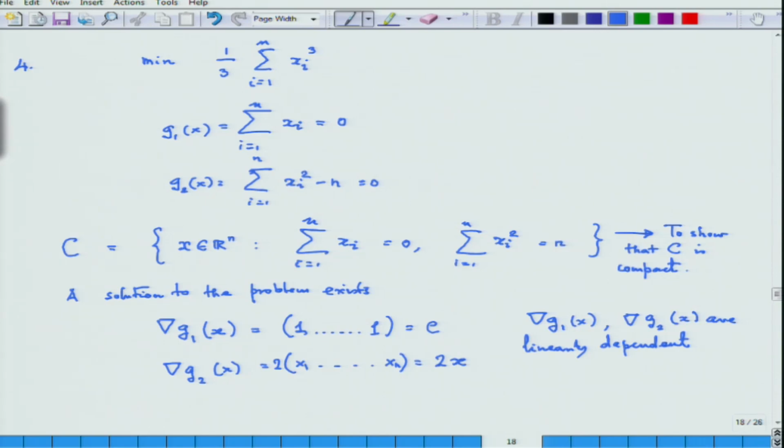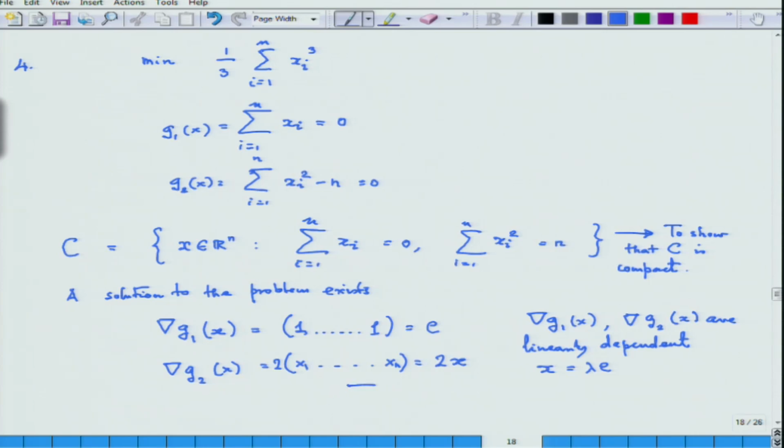In this particular case, let us observe, so when would this happen? If x is equal to some lambda times E, then these would be linearly dependent. If x is lambda times E for some lambda, is such an x feasible?